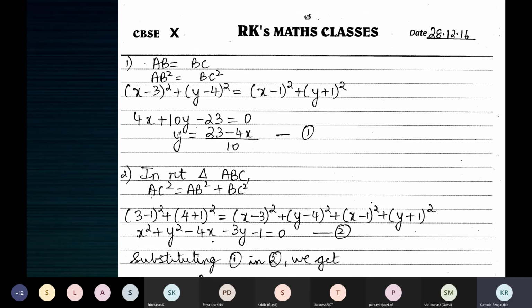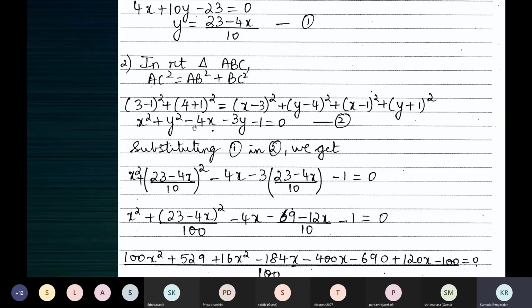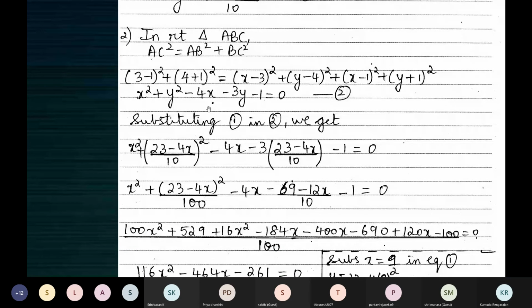So use the substitution method: write y in terms of x or x in terms of y and put it here. Wherever there is y, we use (23 minus 4x) by 10. So see it, x square plus y square is ((23 minus 4x) by 10) the whole square, minus 4x minus 3 into y, minus 1 is equal to 0.